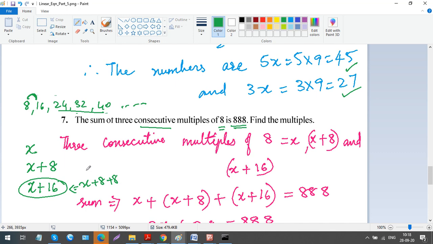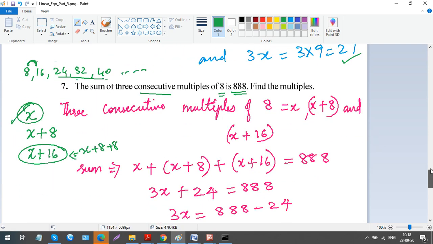Okay, so I'll have to find out what is this x. If I find the first number x, I'll be able to add 8 and then again one more 8 and get all the 3 numbers, correct? So let me just solve this. So I have already assumed, let the consecutive multiples of 8 be x, x plus 8 and x plus 16. Now they are saying the sum of these 3 numbers is 888.